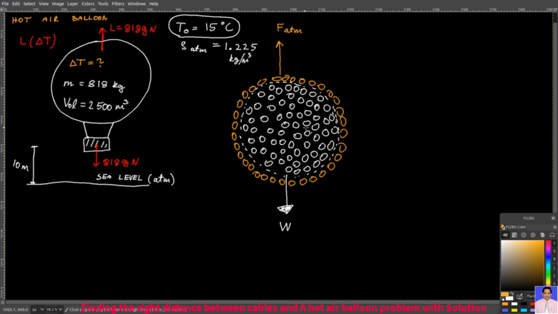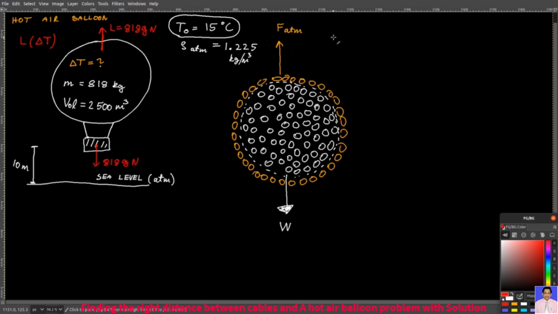Again, of course, these air molecules don't stand still. Maybe this guy goes there, maybe this guy goes there, but they don't accelerate down all at once. That's why on average we can say that they are in equilibrium.